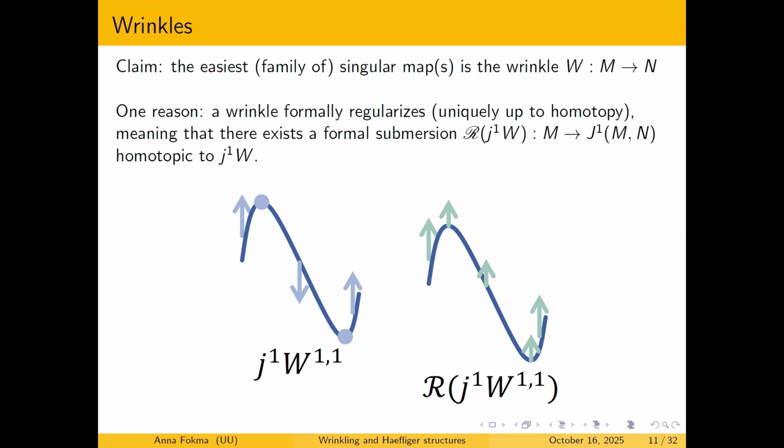We do not change its 0th order data, and we just increase the, so to say, derivative. And then we get something like on the right, where the derivative is always positive, meaning that it is a formal submersion. However, it's not a holonomic section anymore. It does not correspond to an actual map between manifolds anymore.